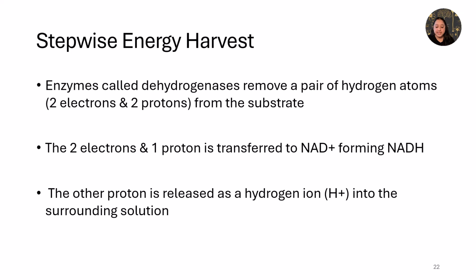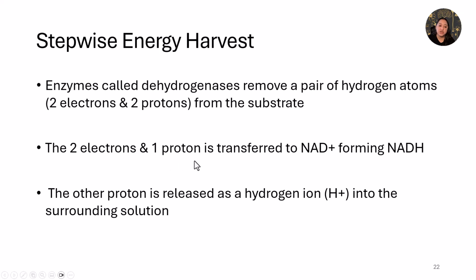And so there are these enzymes. Remember, enzymes typically end in ase. So dehydrogenases are enzymes that remove a pair of hydrogen atoms from something. This enzyme is just in charge of taking off electrons and protons from a substance. Because it takes off 2 electrons and 2 protons from something, these get transferred to NAD+.